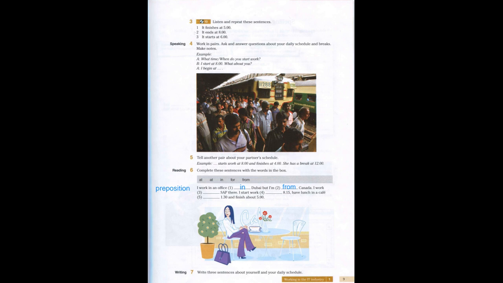So I work for, this is the right preposition. So I work for IBM, I work for Qasim University, I work for Ministry of Education, I work for such and such a school or business or company or so on.